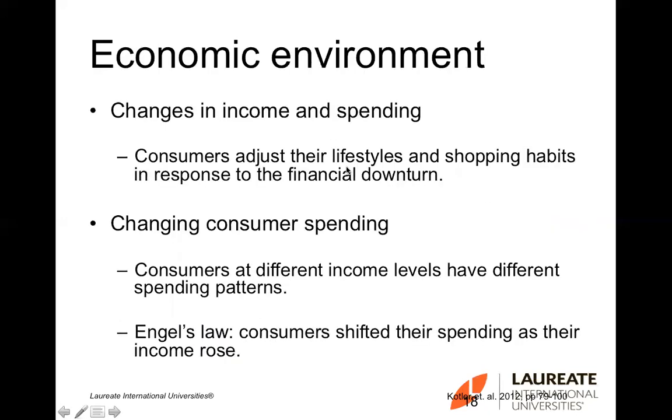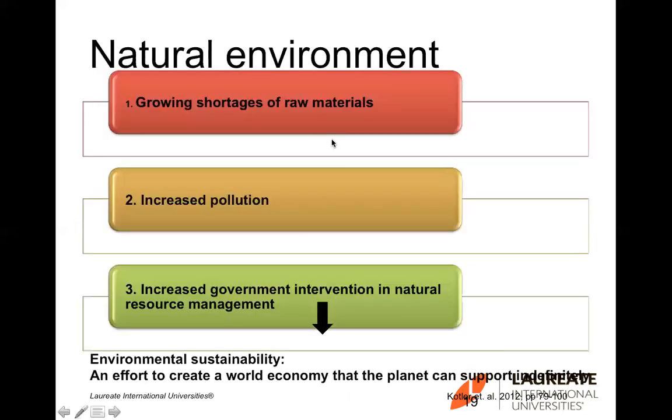Economic, that affects the customer's lifestyle. Okay, because a customer's lifestyle depends on their spending pattern and spending power. So the economic environment will affect consumer spending power. Okay. And for the natural environment, there are two issues here: shortage of raw materials and increased pollution.